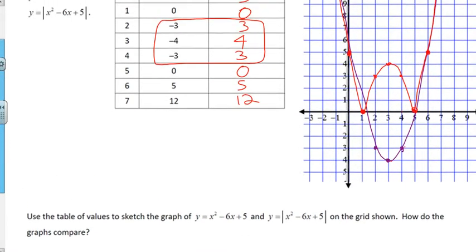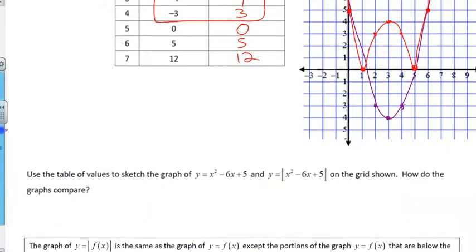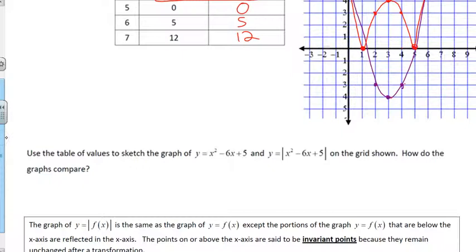Okay, so what's the comparison then? When x is greater than 1 and less than 5, it's a reflection on the x-axis. Okay, so when the x values are between 1 and 5, then it's a reflection in the x-axis. So they're the same. What do we say?